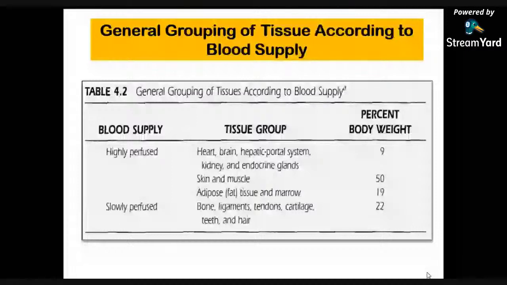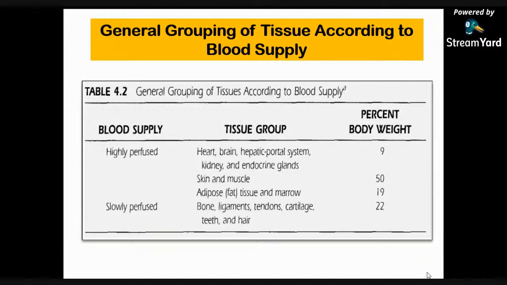First, the highly perfused organs include the heart, brain, hepatic portal system, kidney, and endocrine glands, and this all brings 9% body weight.